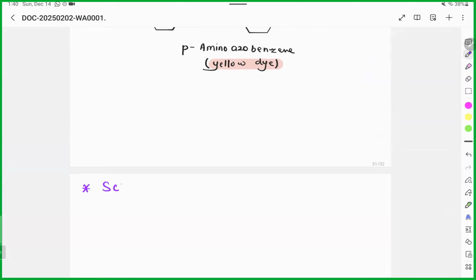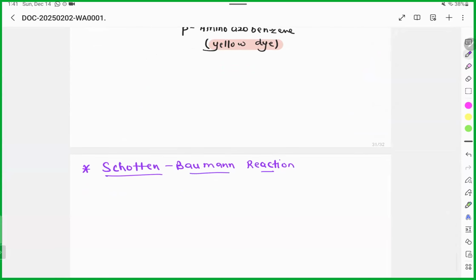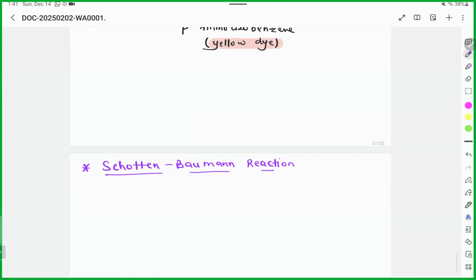Schotten-Baumann reaction. I studied this in my 12th class, but it is not given in NCERT. In this reaction, this is basically benzoylation. The benzoyl group will be added.